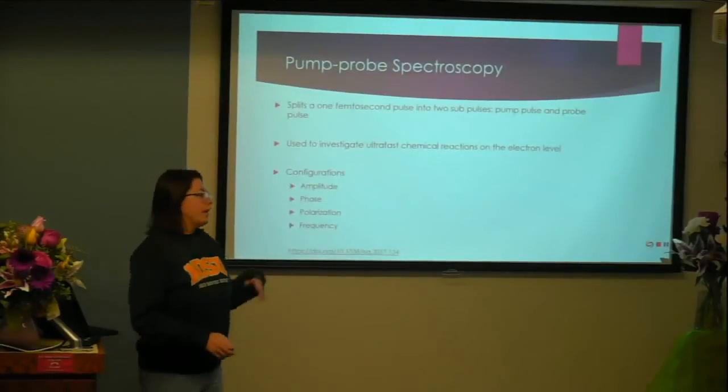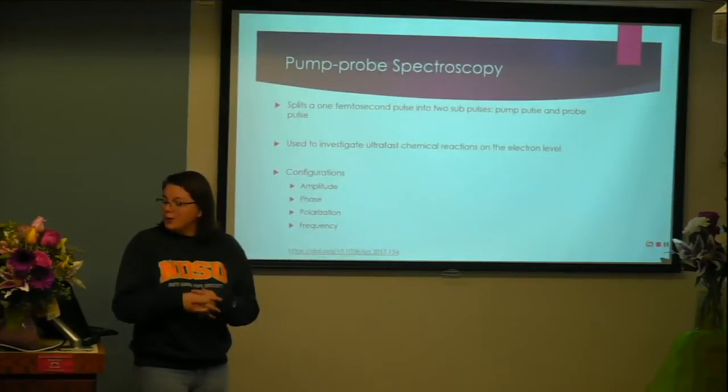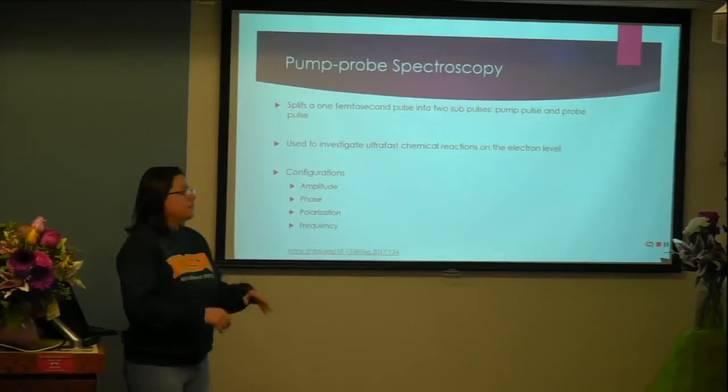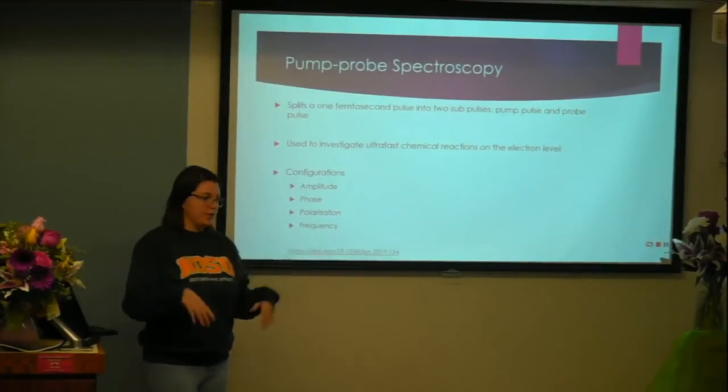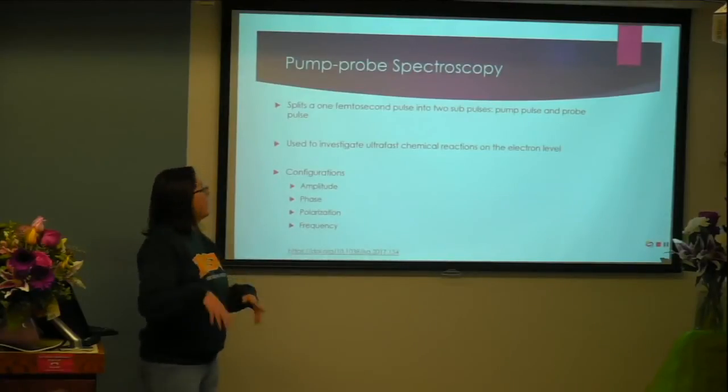So what my simulations model is pump probe spectroscopy. It's a 1 femtosecond pulse that splits into two sub-pulses. One pulse is the pump, which excites the electron, and the other one is the probe, which detects it.